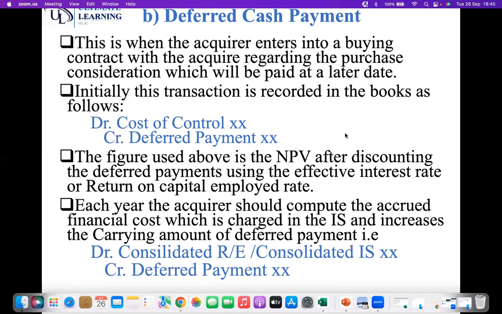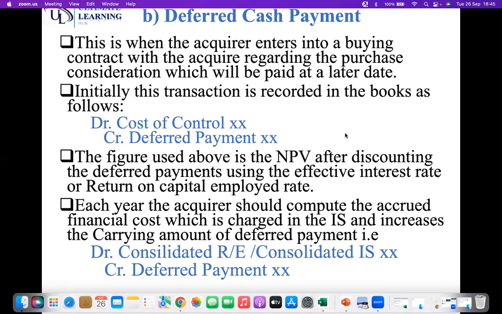So remember, in deferred cash payment, until the payment is made, there is a liability because you have just promised to pay and you have not yet paid. Now, this liability can either be current liability or non-current liability.